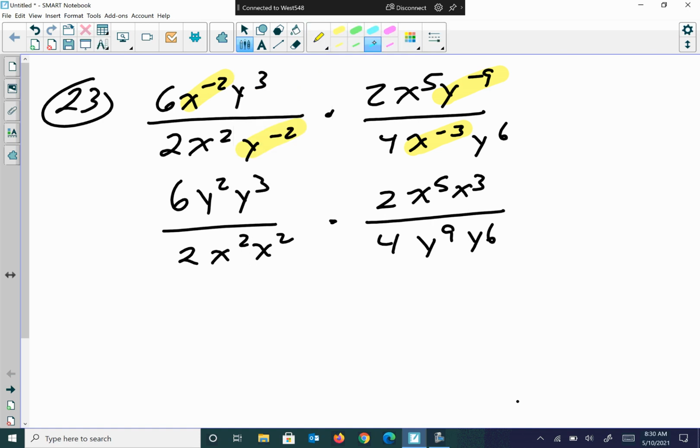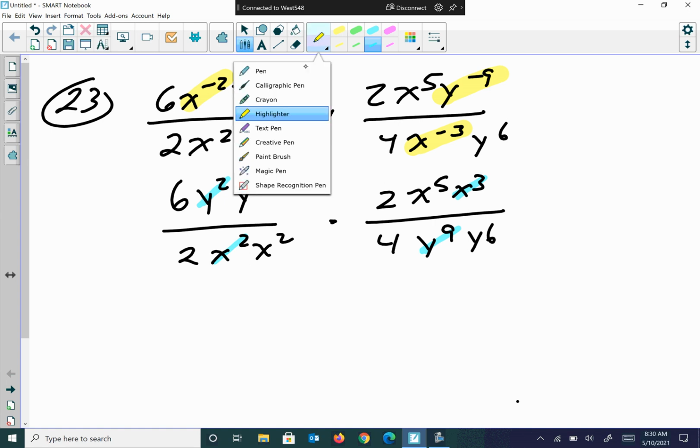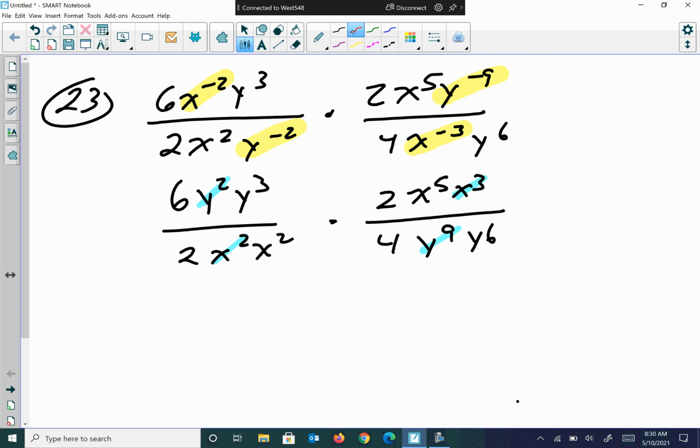I moved this, this, this, and this. Notice when it switched location, going from top to bottom or bottom to top, it got rid of the negative exponent. Is that okay? Okay, so now we can start reducing and taking care of things.